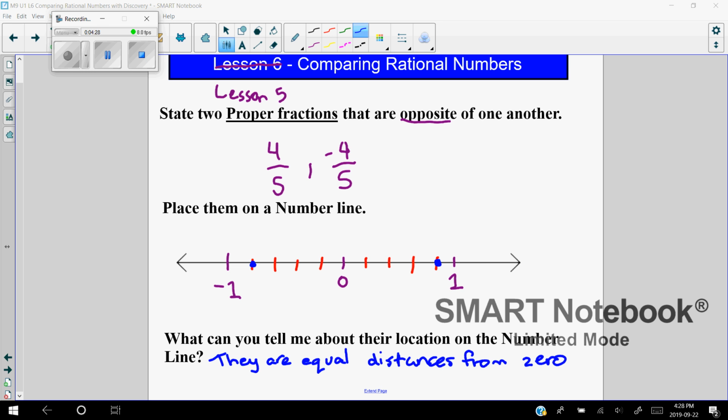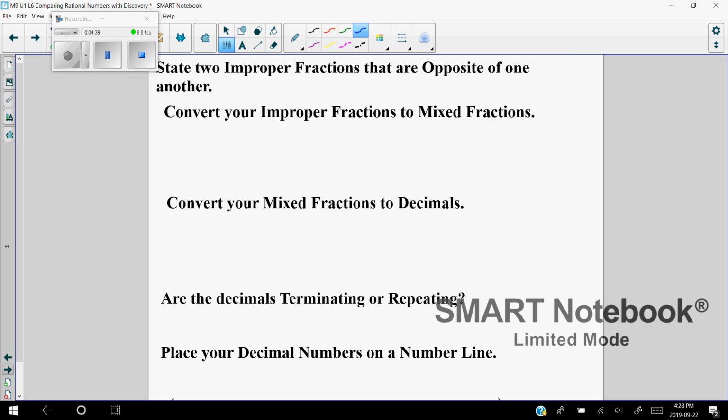So although one is positive and one is negative, they're still the same distance from 0, one to the right and one to the left. Okay, next one. State 2 improper fractions that are opposite of one another.